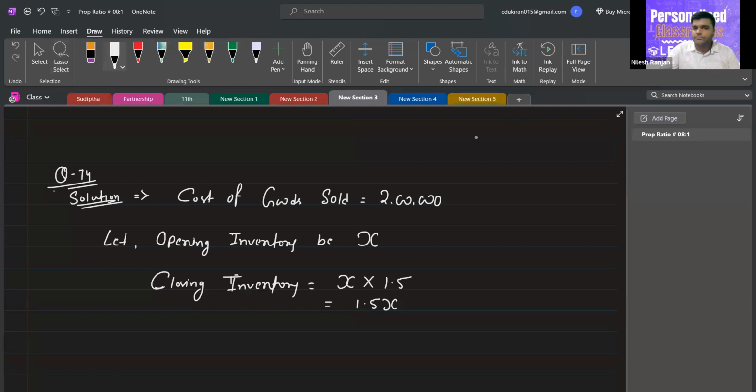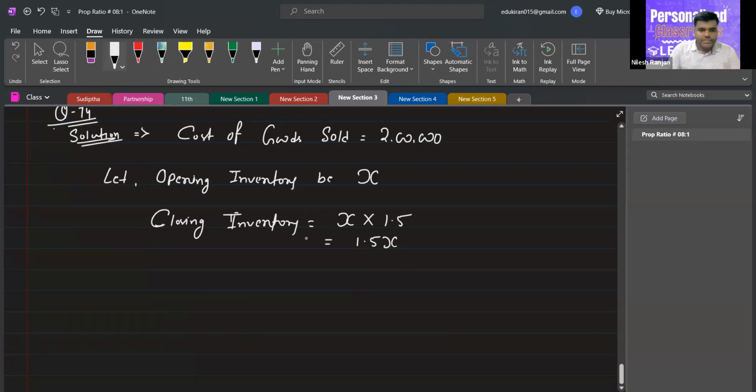Is this clear? Yes, sir. Now opening inventory is X, closing inventory is 1.5X. We can calculate the average from this, and use that average in the inventory turnover ratio formula, so we will get the value of X.